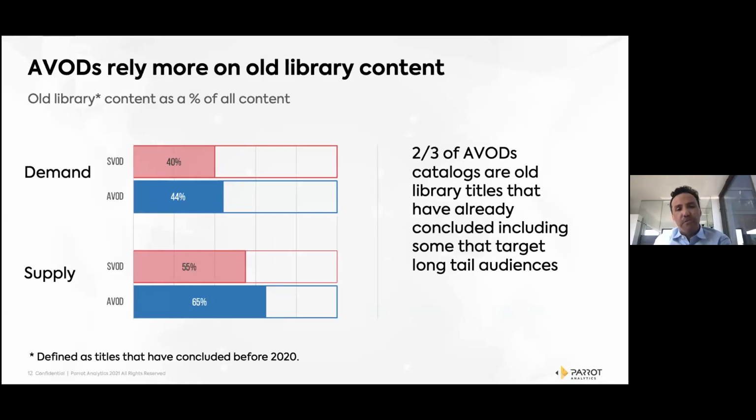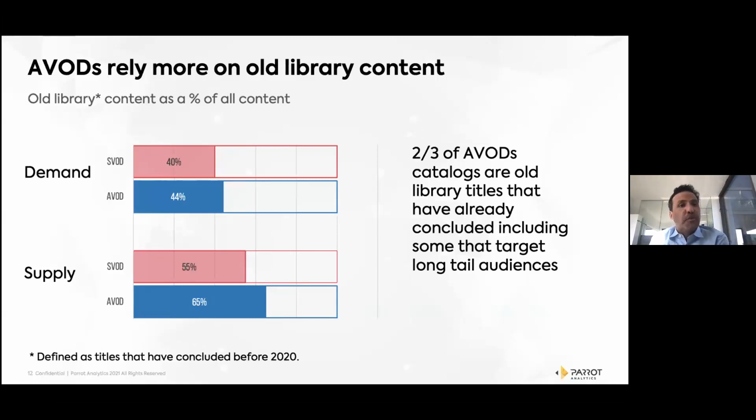For AVODs, the supply, or the offering of titles that are already concluded, so series that have finished already, is 2/3 of the total titles, which is higher than what SVOD may have.